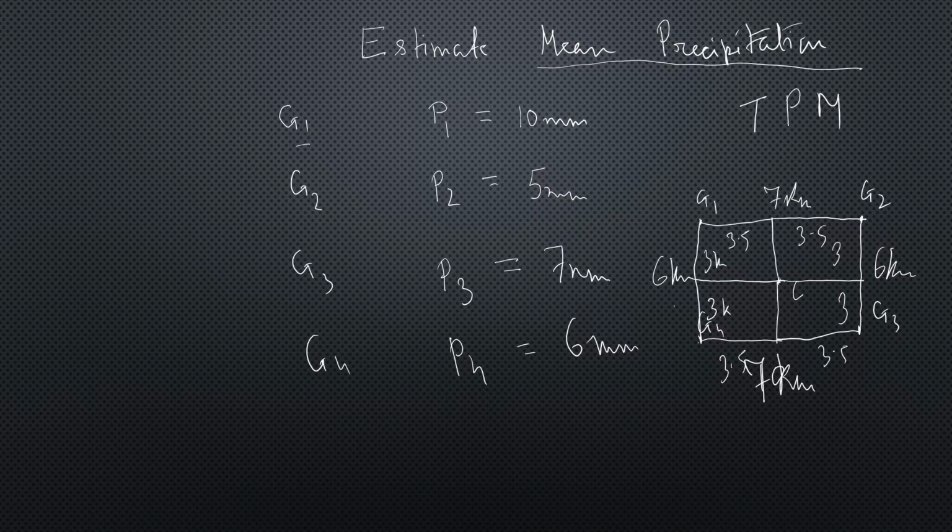Now, what you have to do is find the area of all these polygons. That means you have to find the area of this polygon which is connected to or which surrounds G1. Then you have to find the area of this one.